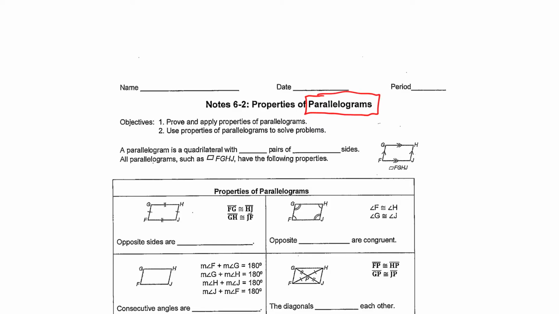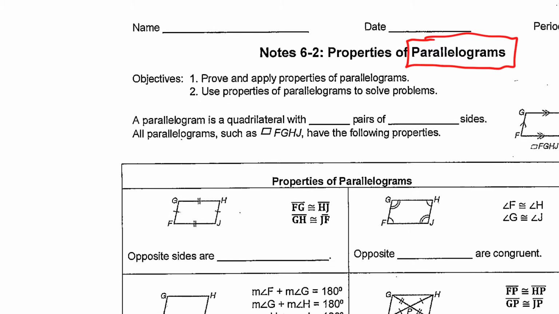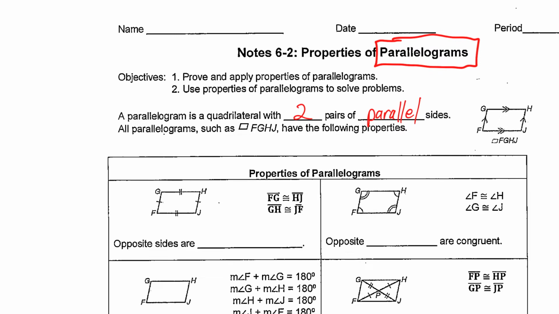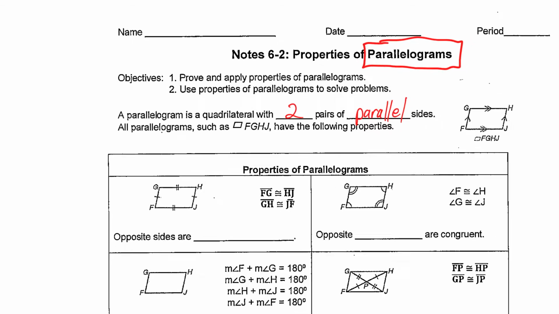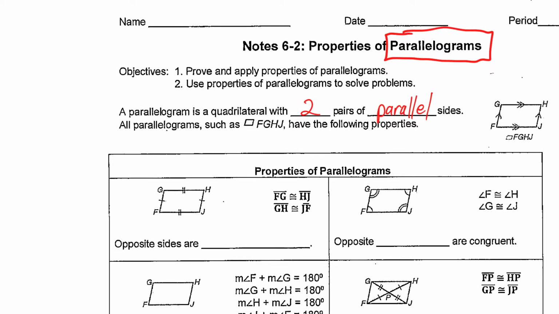Okay? Parallelograms. So a parallelogram is a quadrilateral with 2 pair of parallel sides.